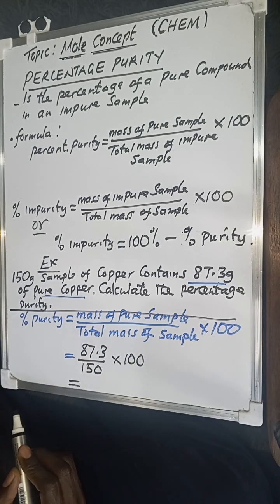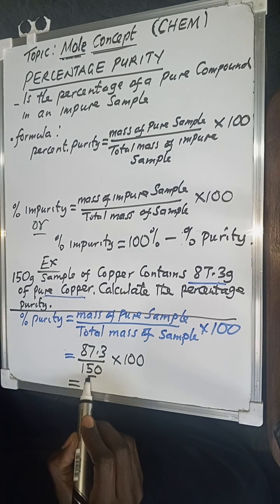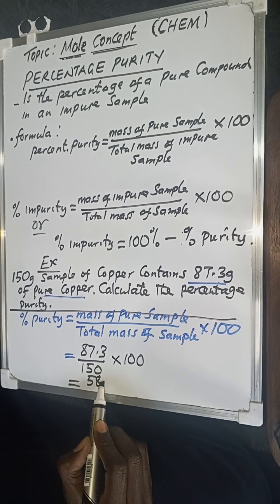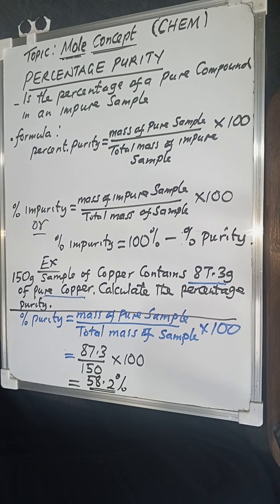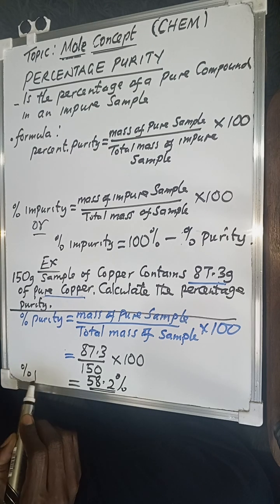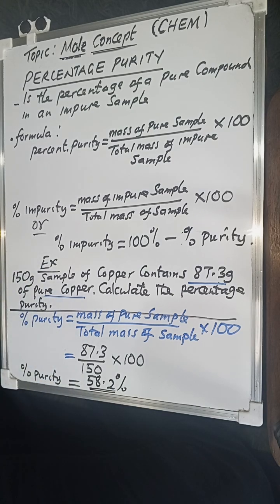Remember, that is a percentage. If you work that out on your calculator to one decimal place, it gives you 58.2%. That is the percentage purity of the copper in this whole mass that we were given.